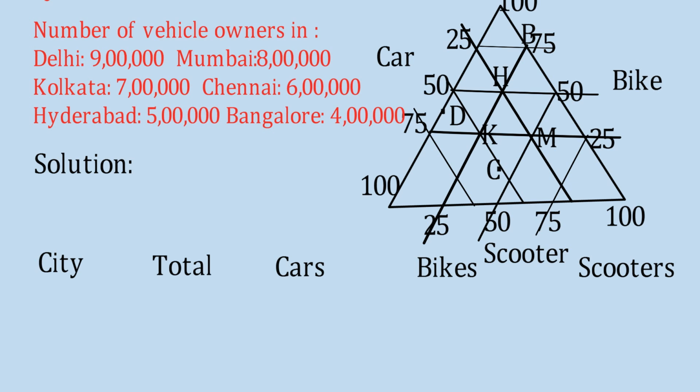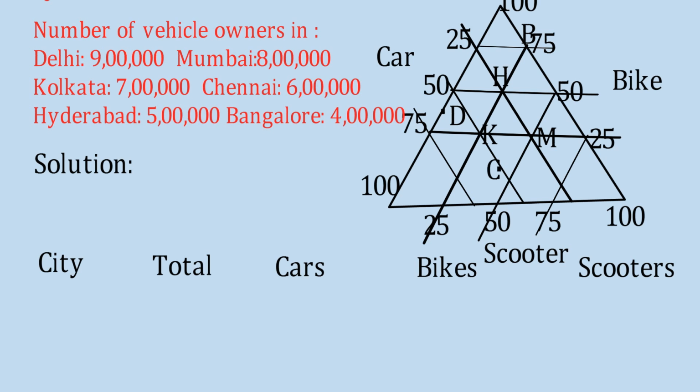Then the bike axis is the axis that is horizontal, pointing towards bike. And the scooter axis is the axis that is upward and tilted towards the right. So for different cities we can see the distribution of cars, bikes and scooters.